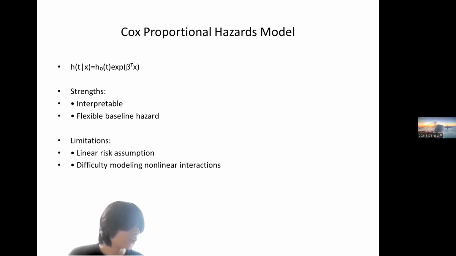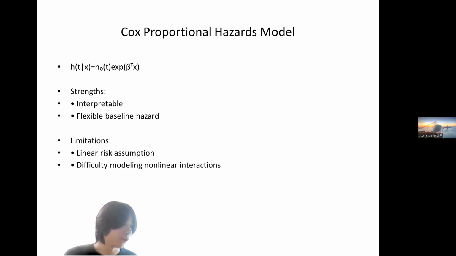The hazard function can be interpreted as the instantaneous risk that an event occurs at a certain time. The Cox model became extremely popular because it does not require explicitly specifying the baseline hazard function. As a result, the model is relatively flexible and also interpretable.